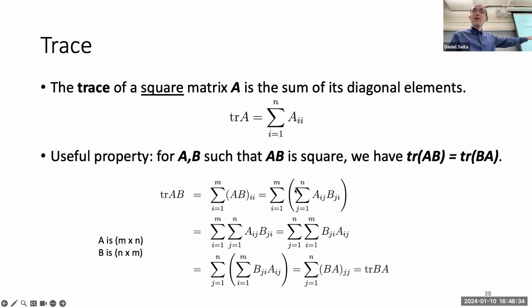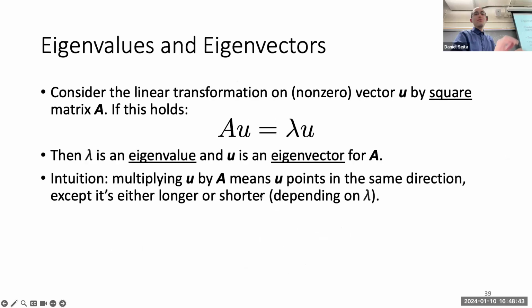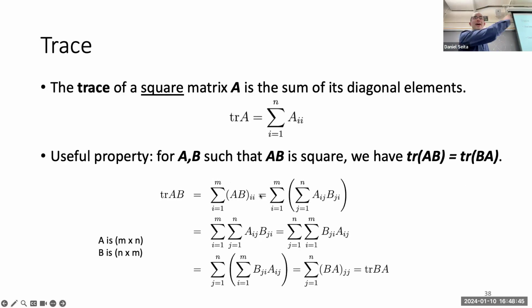Is that clear how that works? I can do it on the board if you want, but I just assume that to find this equation, you can write out the definition of A times B and then match the subscripts, and then you'll get that. And then what do we do here? Well, here we just get rid of the parentheses because we're dealing with scalar addition.